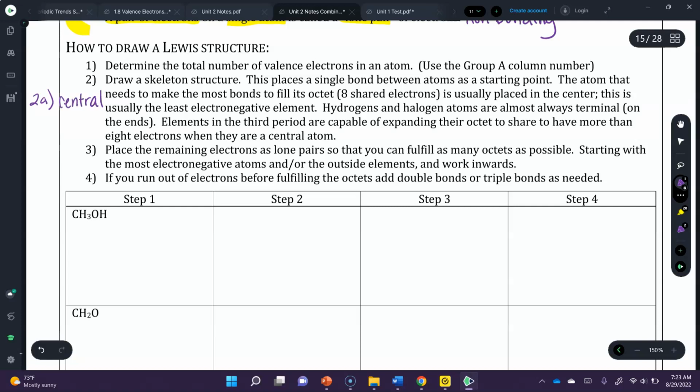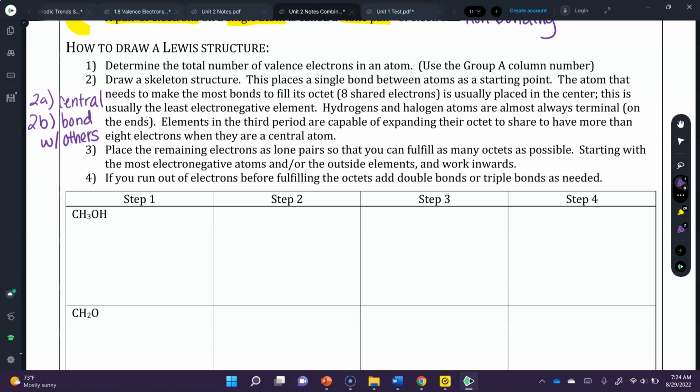The one that goes in the middle is the one that will form the most bonds, or is least electronegative. Now hydrogen tends to have a lower electronegativity than anything else, but hydrogen is never in the middle. Then we have 2B: on the central atom, you bond with other atoms, and you keep doing this until you end up with 8 on the central atom.